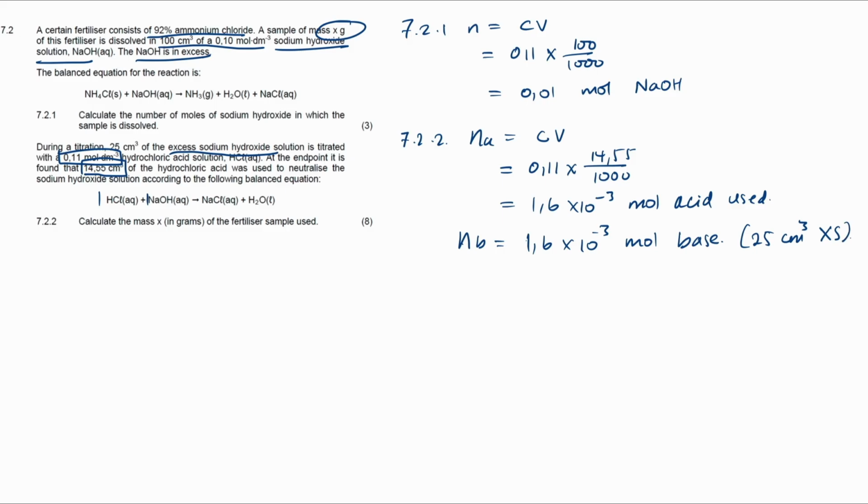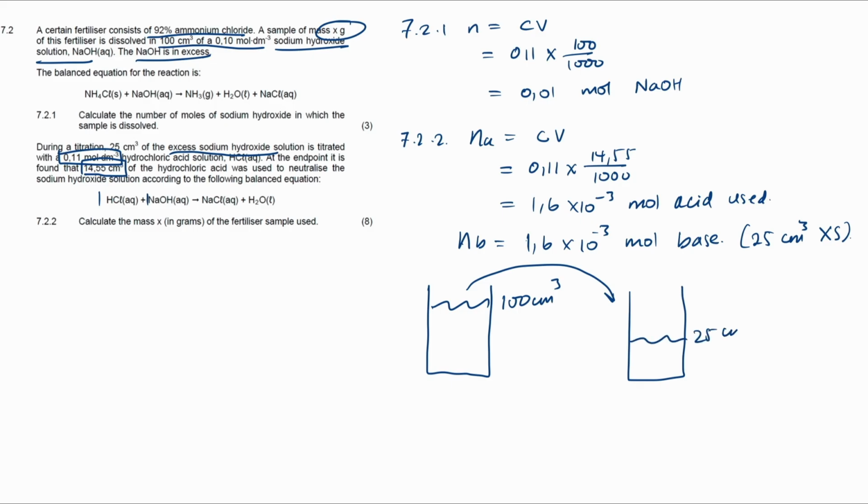Now to draw a picture, we had some excess base in 100 cm³. They took out 25 of it, so we have 25 here. And we know that in here there is 1,6 times 10 to the minus 3 moles that's in excess.